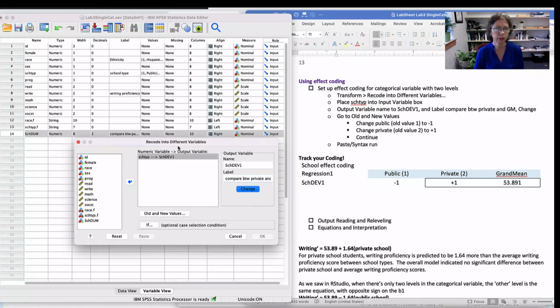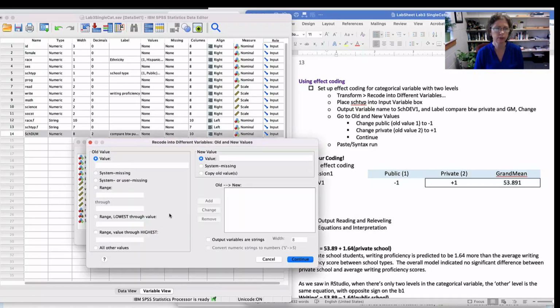So I'll hit change here, and then in old and new values, the old value for public school was 1, and what I'm going to give it is a -1. Private, that's going to be my target, used to be 2, and it's going to be changed to a positive 1.